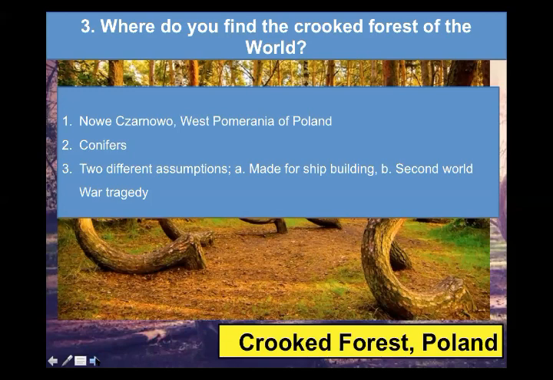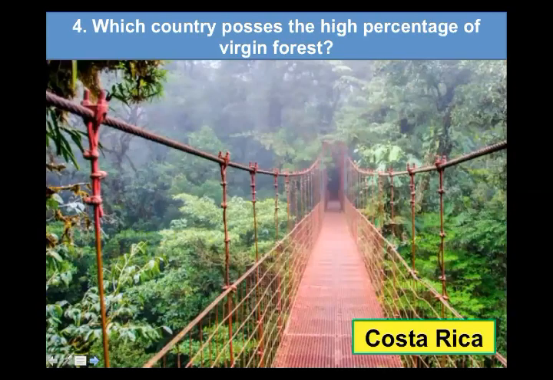Since they were damaged during the seedling stage, they have been shaped that way. But we don't have any evidence to prove even those two assumptions. One of the interesting forest types.